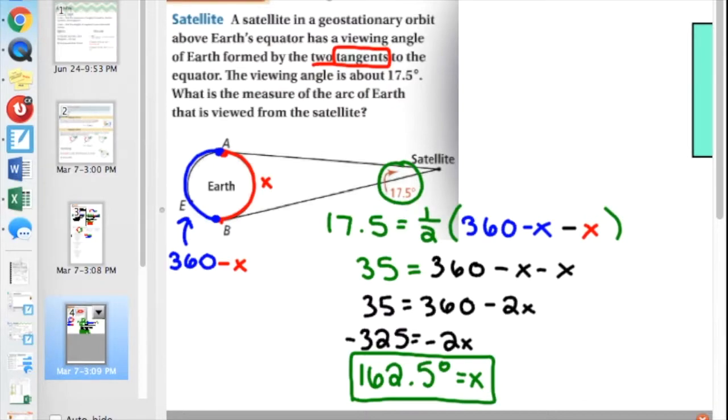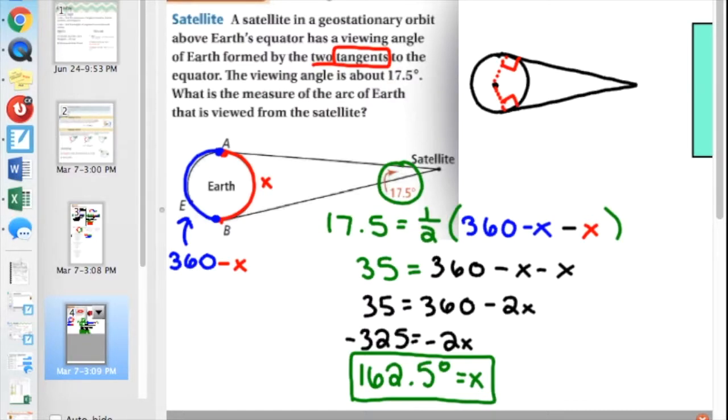So if I kind of just recreate this picture for just a second here, and then I'm going to draw in for myself 2 radii. What I know is I'm perpendicular, so now I can add in 2 right angles.